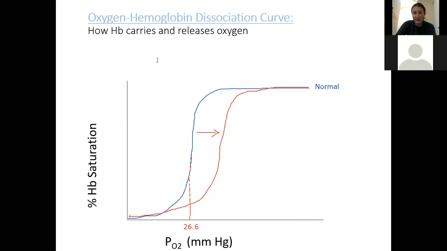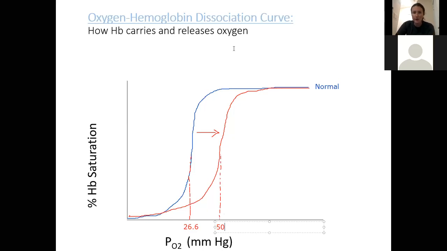Now, under these exercise conditions, we have shifted the entire curve over. So now the P50 maybe is 50. What this means is that a smaller decrease in oxygen is going to facilitate more oxygen being delivered to the tissues.